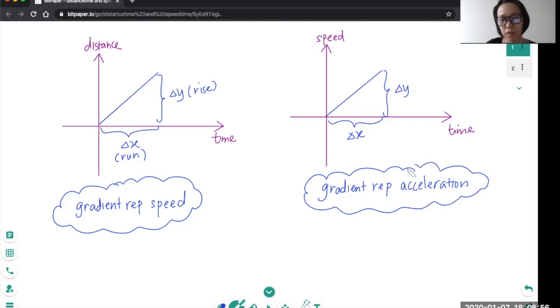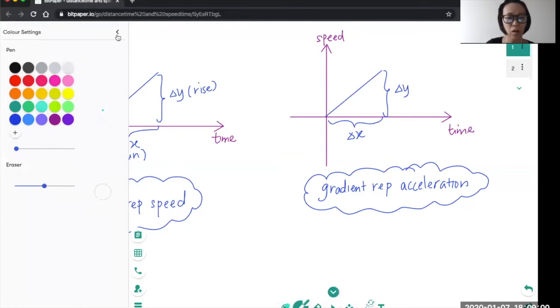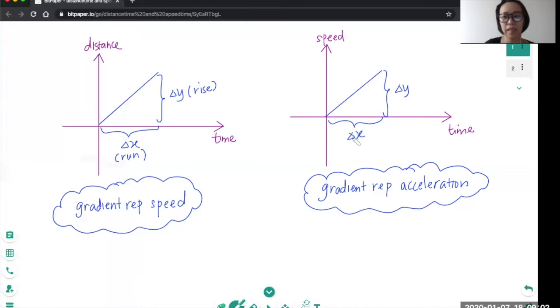Now the speed time graph actually tells us even more information, because we can also look at the area under the graph.